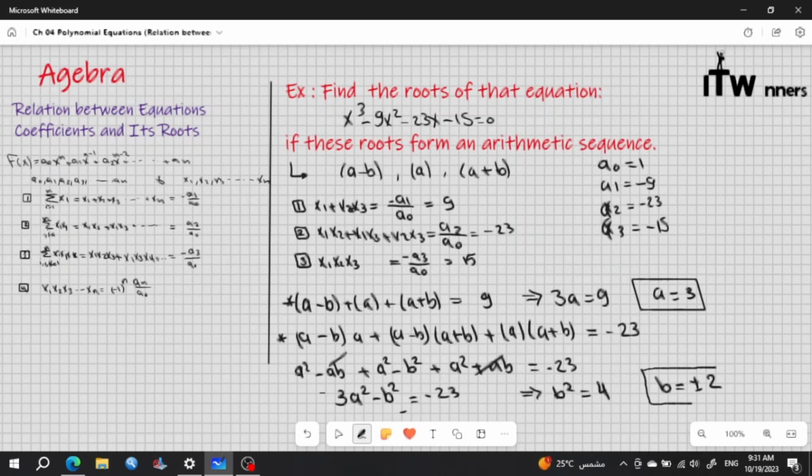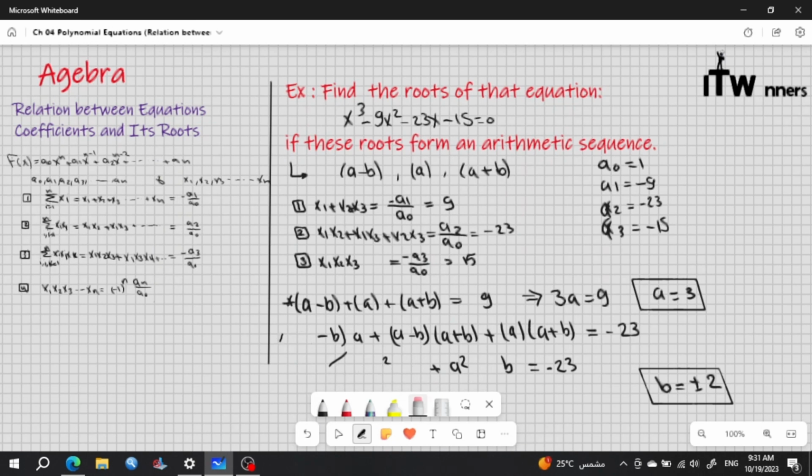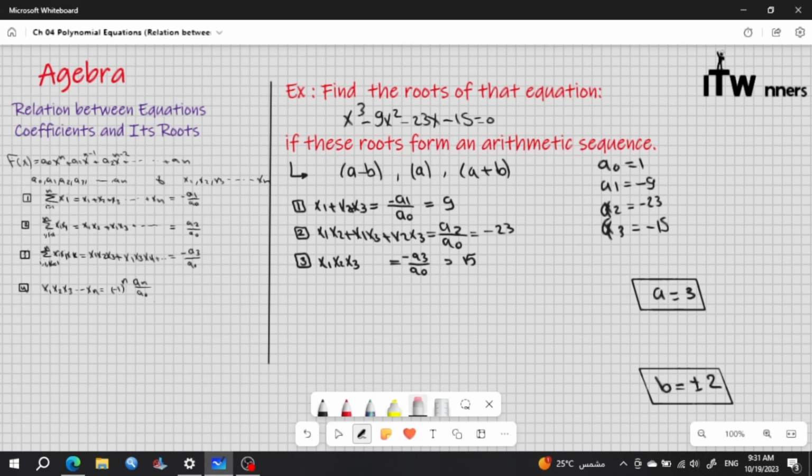Okay, so let's remove this and obtain our roots. If b equal to plus 2 and a equal to 3, then our roots are a − b equal to 1, a equal to 3, and a + b equal to 5.